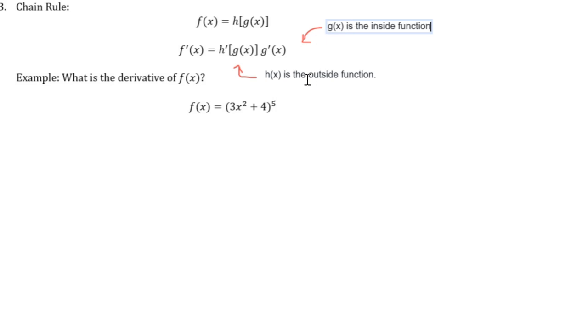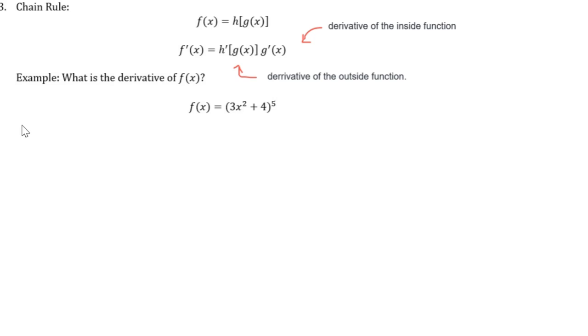Actually, we can write it as the derivative of the outside function and the derivative of the inside function.